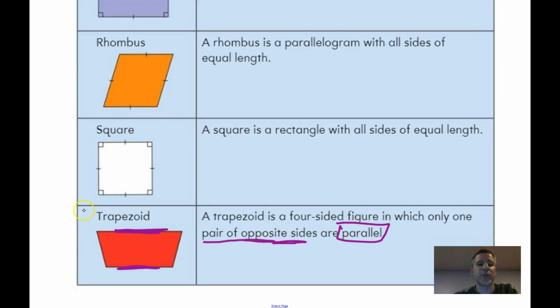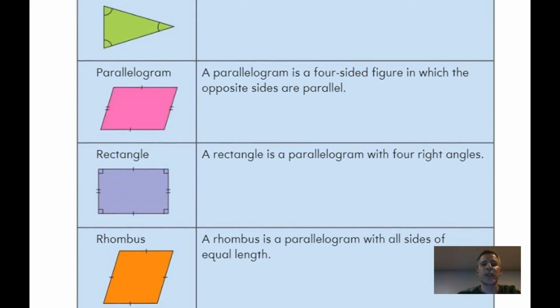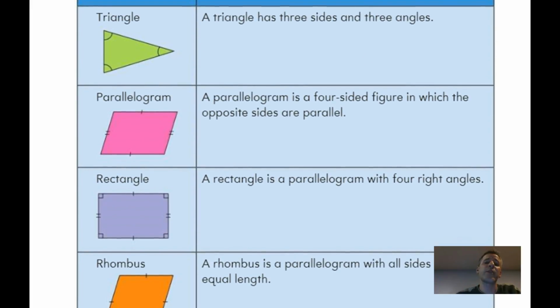That is special to a trapezoid. Remember, one of the big ideas is that you are looking for properties which are special, unique to certain shapes, using these math terms: a pair, opposite, parallel. In a square, we have equal length.